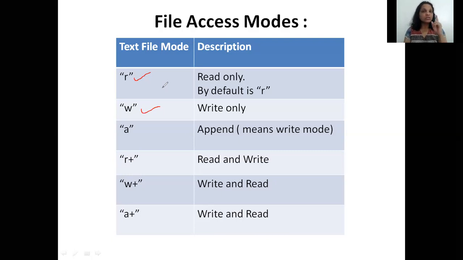Let me tell you the difference between R and W once again, to reinforce. If you're opening sample.txt in read mode, it will only open if the file exists, because if it doesn't exist, what is there to read from it? It shows you an error message when the file doesn't exist. If you're planning to open a particular file in write mode, then the file may exist or may not exist.